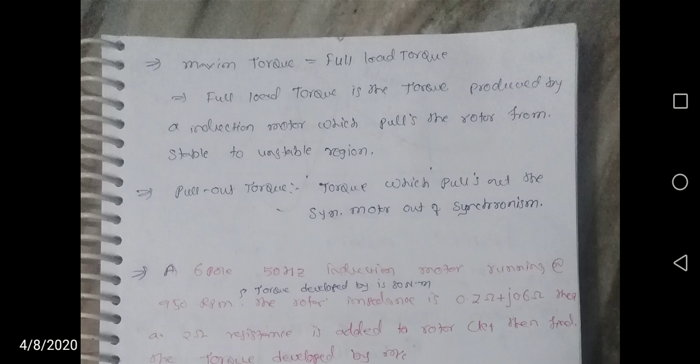But when the load increases, the load angle between the stator flux axis and the rotor flux axis, called alpha, will increase. If alpha increases beyond 90 degrees, then the machine will be out of synchronism.